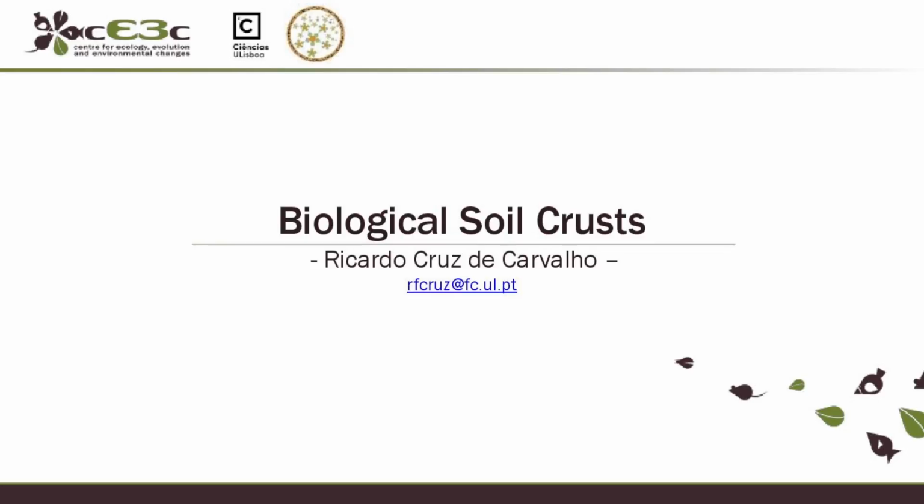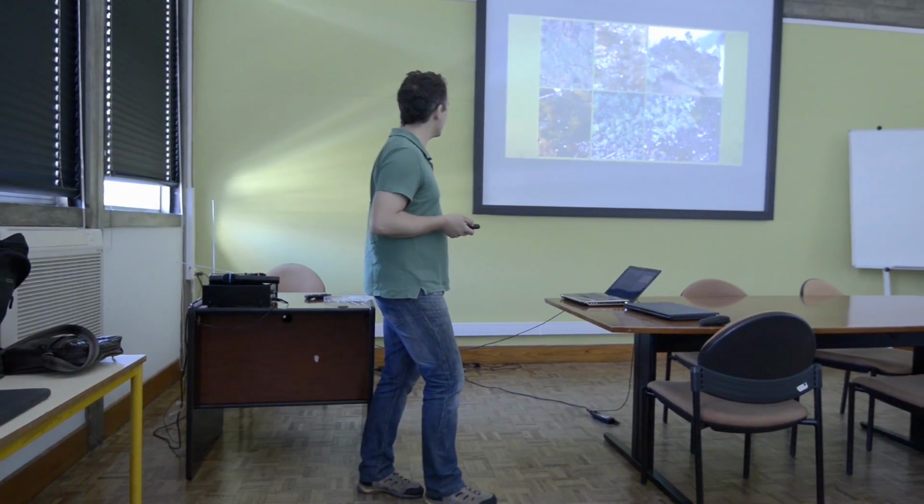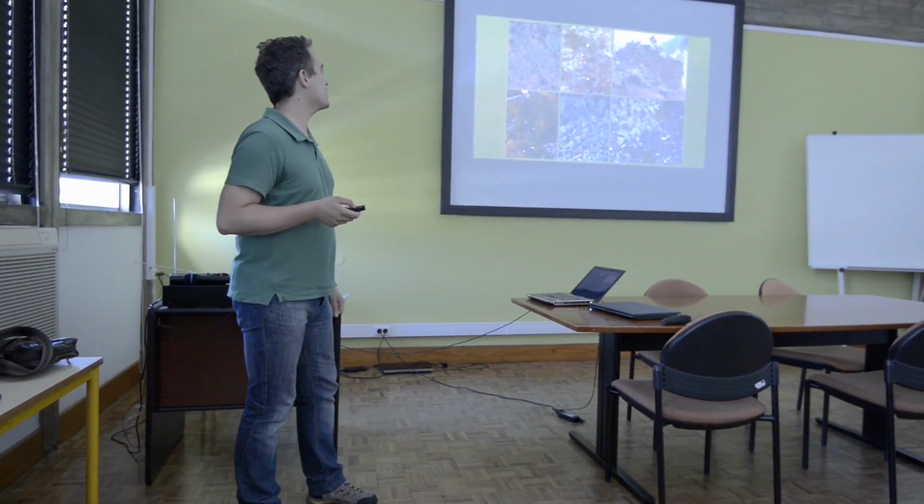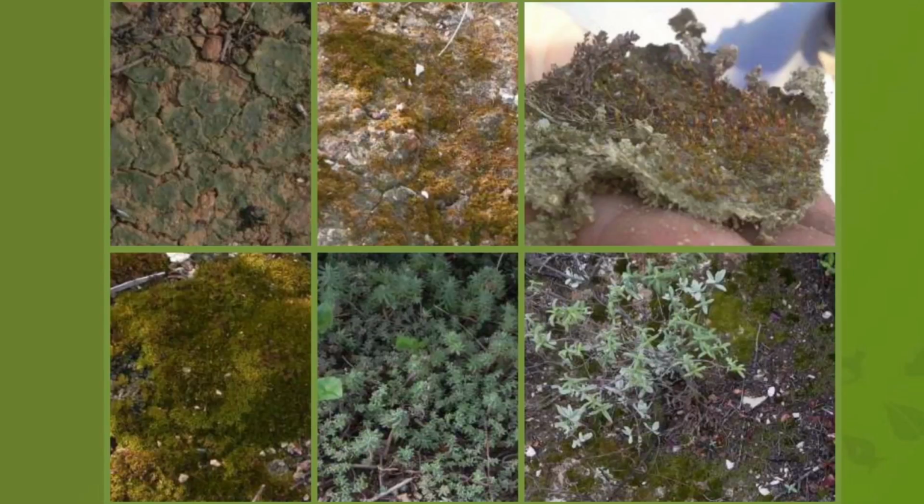For those of you who don't know what the biological soil crust is, here are some aspects of it. We have cyanobacteria crusts. We also have crusts with bryophytes and with lichens, depending on the successional steps that it will take to form it.